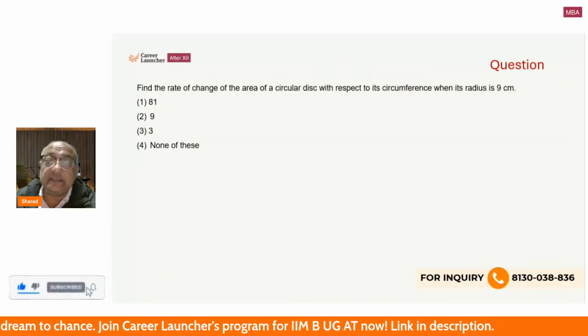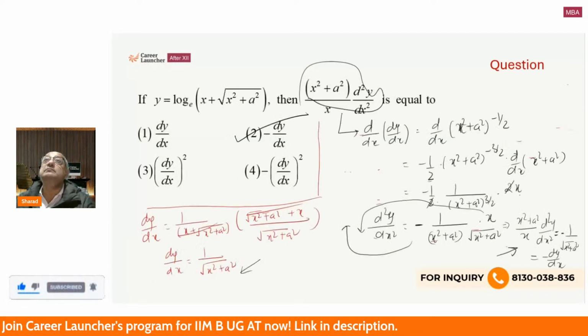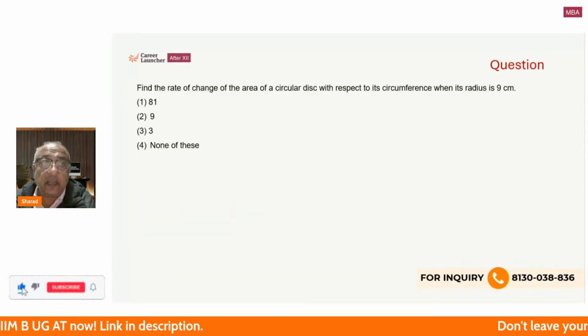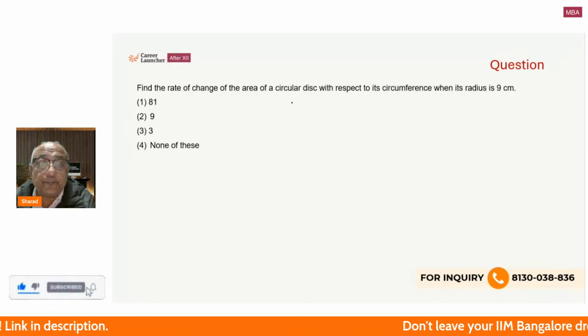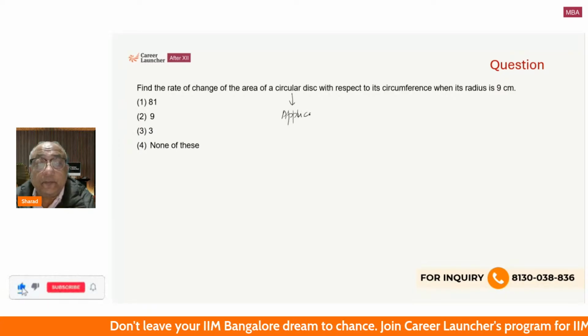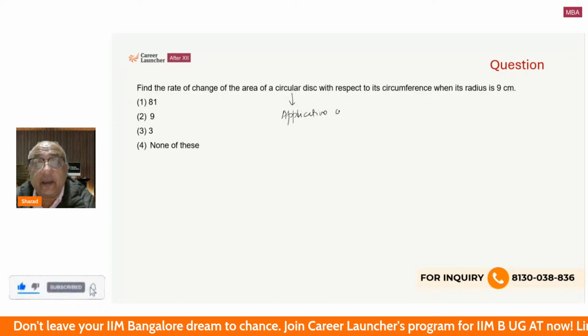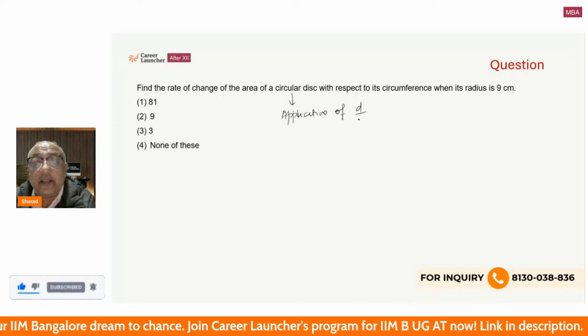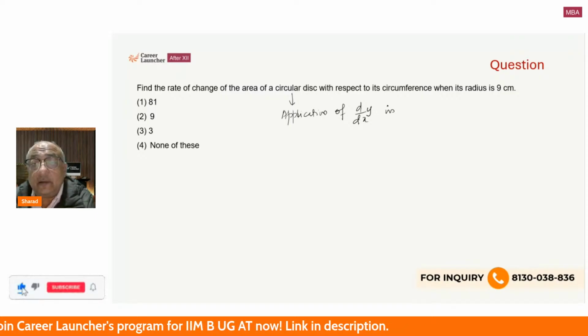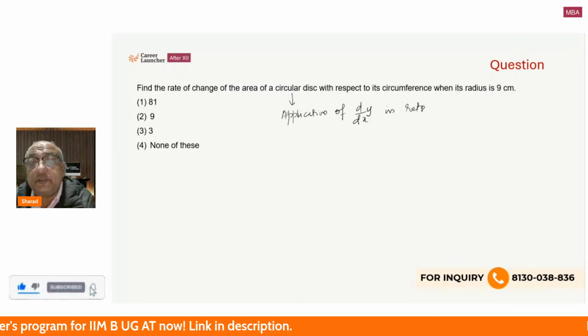Please note all these questions are from different competitive examinations. Let us now use this question to explain application of derivative, saying application of dy by dx in rate of change.